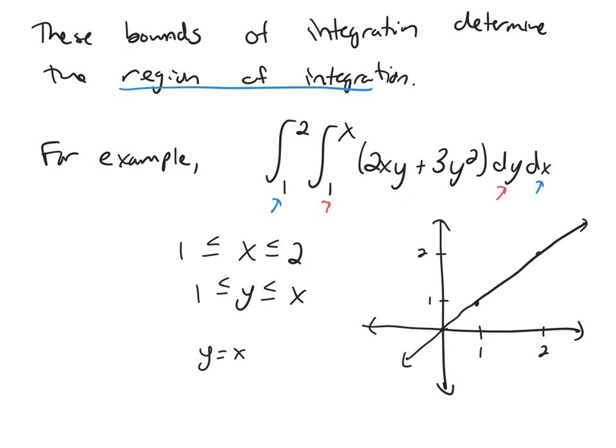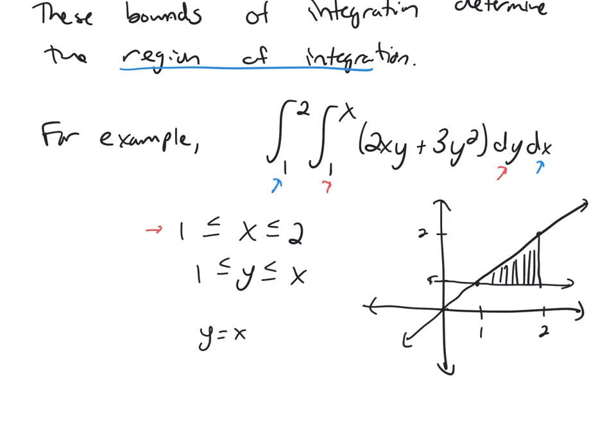Okay, so I'm told x goes between 1 and 2, so I'm looking in between here, and the smallest y is 1, so I'll graph y equals 1 here. So my region is going to be this triangular region right there. So that would be my region of integration for this particular example.